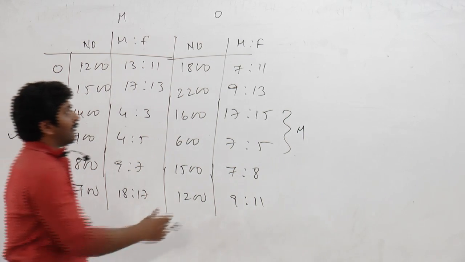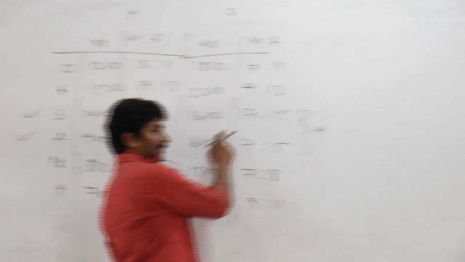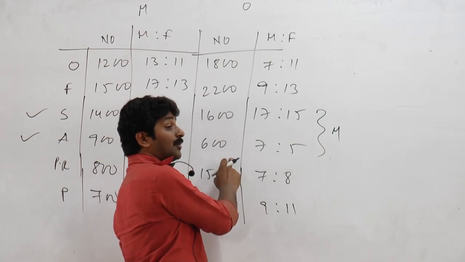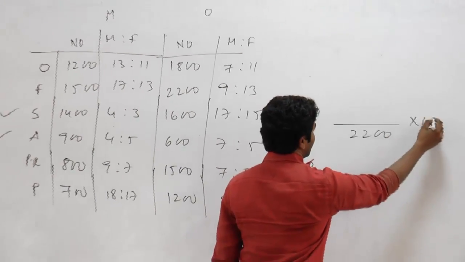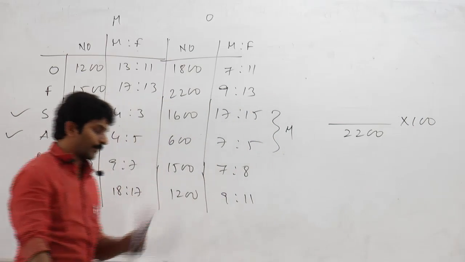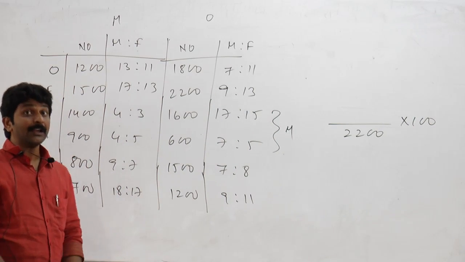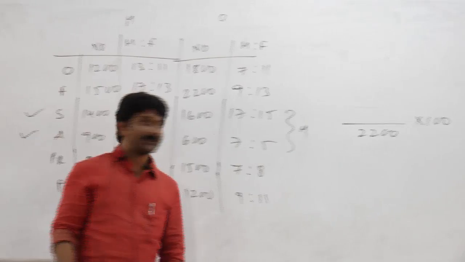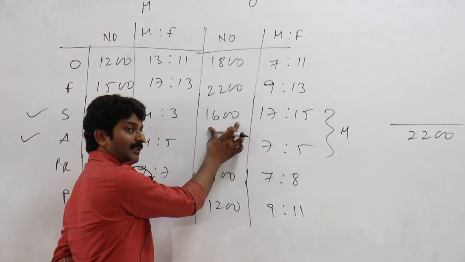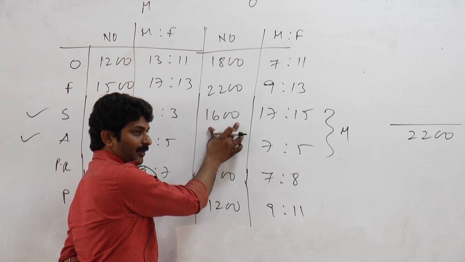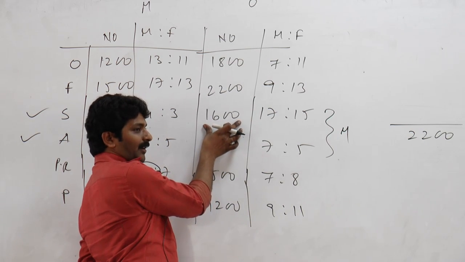How many officers we have in these two departments together? 2,200. You are asked about percentage, so into 100. You need to calculate male officers. How many parts we have? 32. Into 50? Or 32 half into 100?